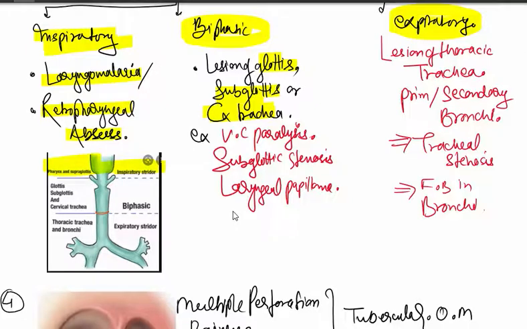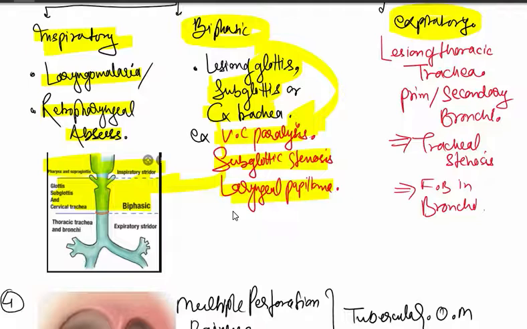laryngomalacia and retropharyngeal abscess. If it is biphasic, then the lesion is at the glottis and subglottis level, and can be the cervical trachea. So this corresponds to this level. Examples of biphasic are vocal cord paralysis, subglottic stenosis, and laryngeal papilloma.